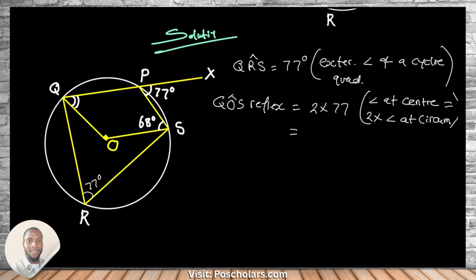So I have 2 times 77 gives 154 degrees. So this part is 154. Good. Now I know this angle.